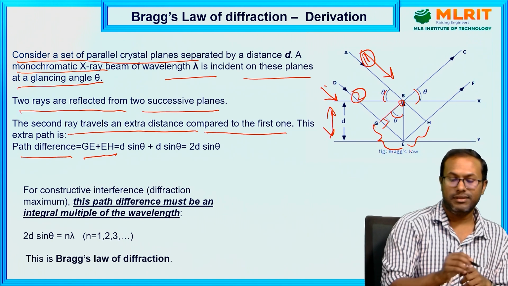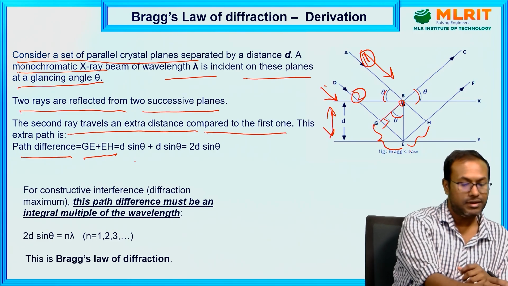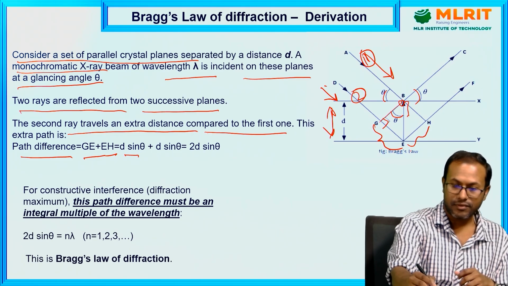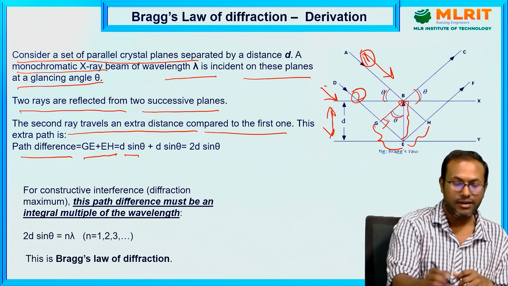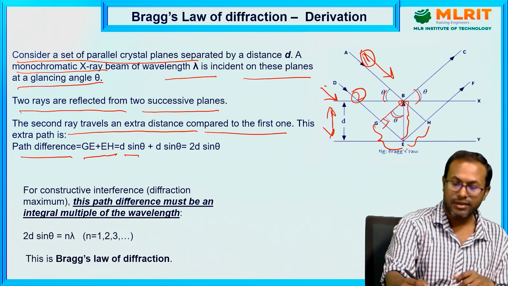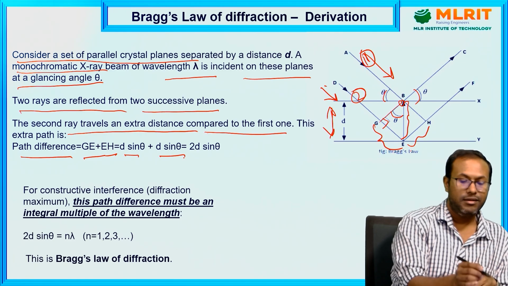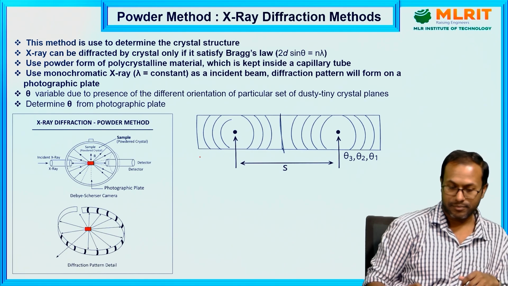If it is theta, what is this G? G will become D sin theta, because this one is D, and this angle is theta, so this will be D sin theta. Similarly EH also comes D sin theta. So the total extra path traveled by ray 2 is 2D sin theta.